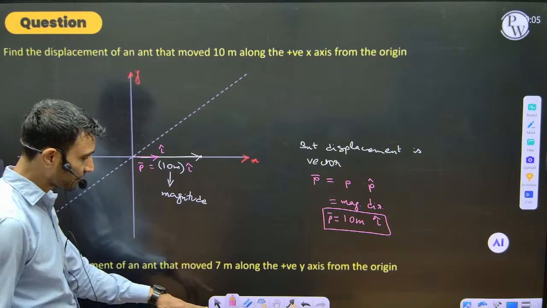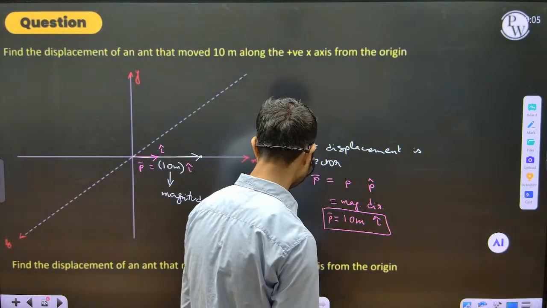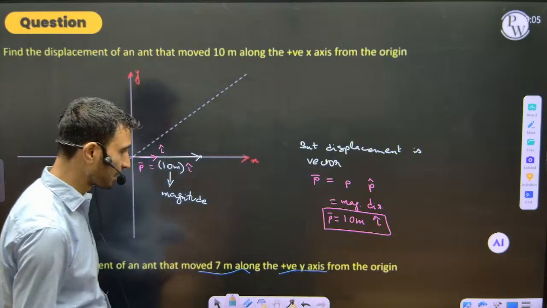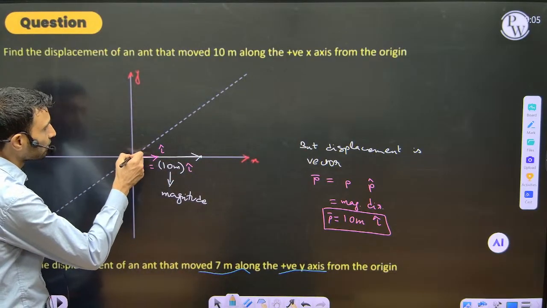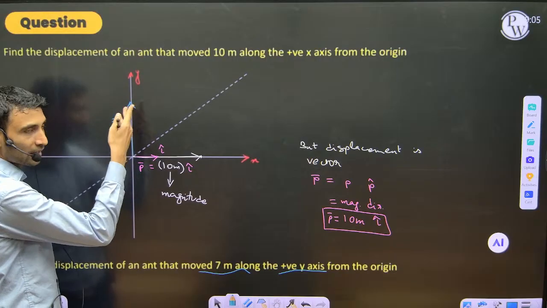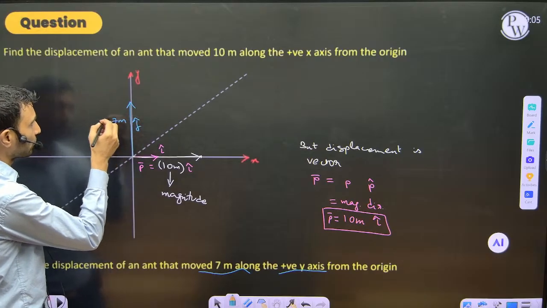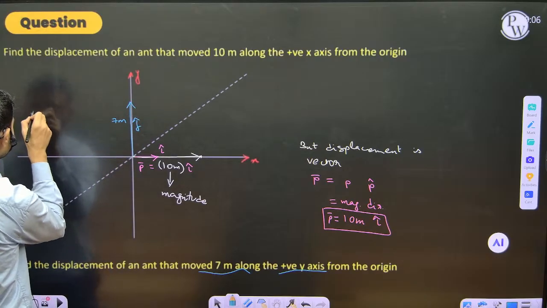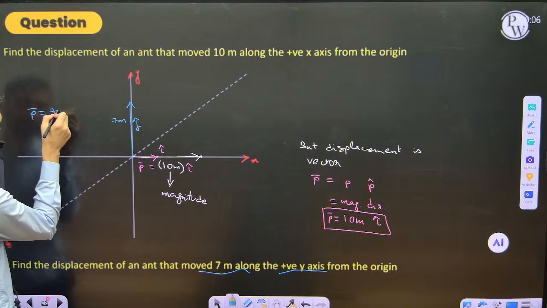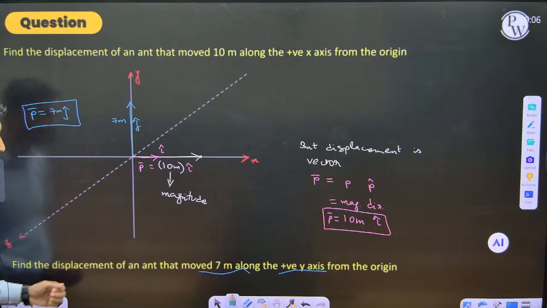Now let's do another question where the ant moved 7 meters, but this time along the positive y-axis from the origin, right? So like this. Now this is 7 meters, but that is only the magnitude. The direction is j cap, right? So your displacement becomes 7 meter j cap, right?